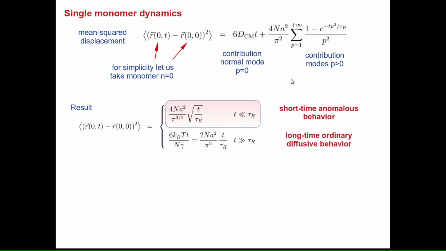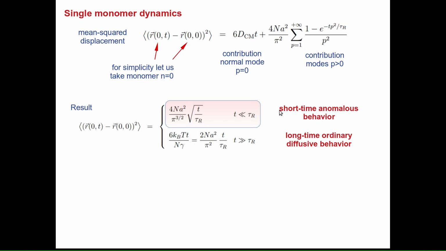I don't do the analysis of this; there is a bit of mathematics to work out this sum. You can do different types of expansions according to whether the time t, which is a variable here, is much smaller than the slowest relaxation time, which we call the Rouse time, or much larger than the longest relaxation time.